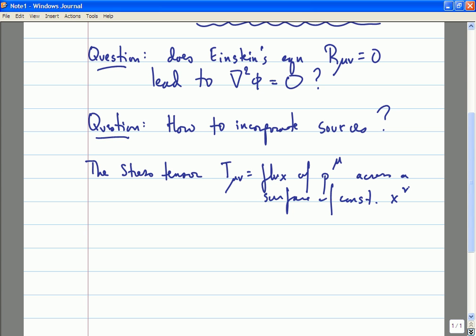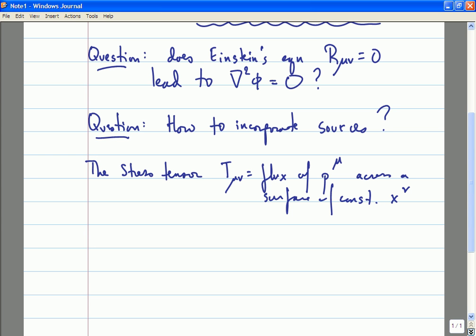So, for example, T00 is the energy density, T0i is the energy shear, Ti0 is the momentum density, and Tij is the momentum shear. And we decided that this looked like the right quantity to appear as a source in Einstein's equations.